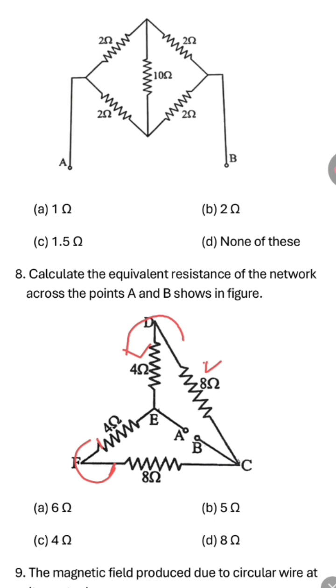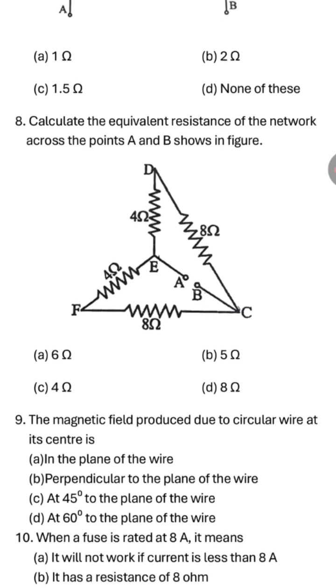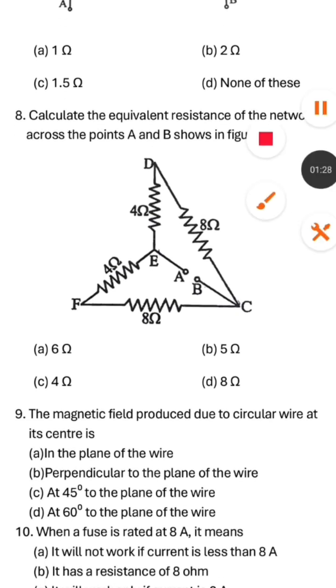We can find this 4 and 8 is 12 ohm and this also 12 ohm. 12 ohm and 12 ohm are in parallel, which means 12 by 2, that is 6 ohm. Option A.